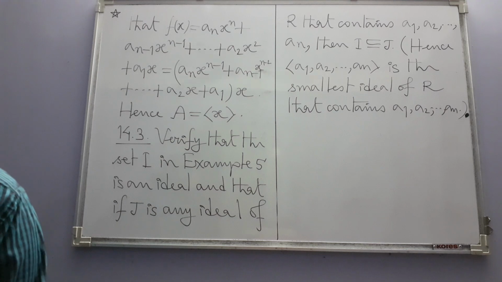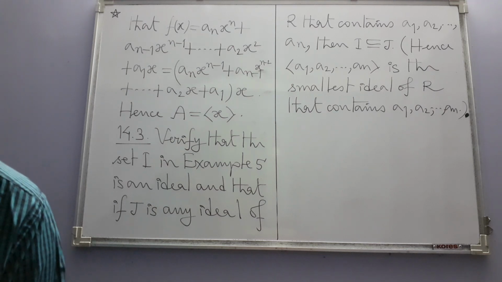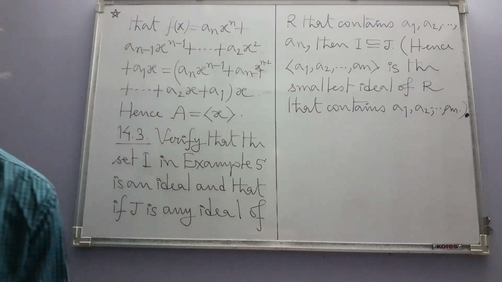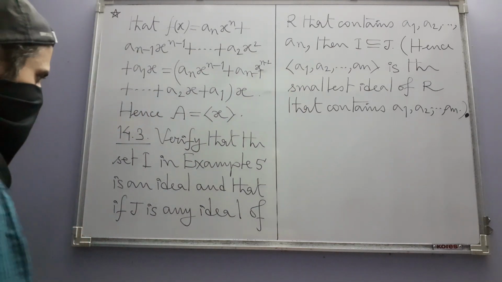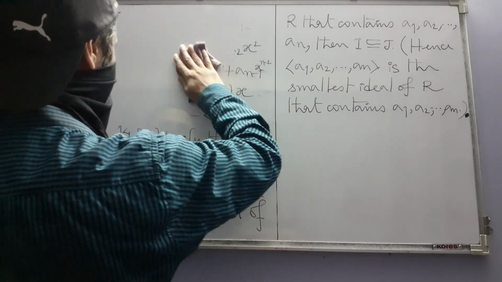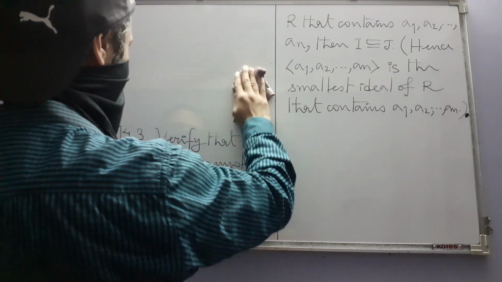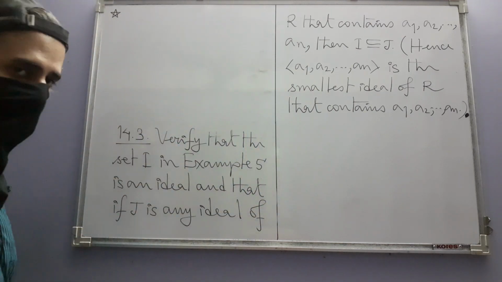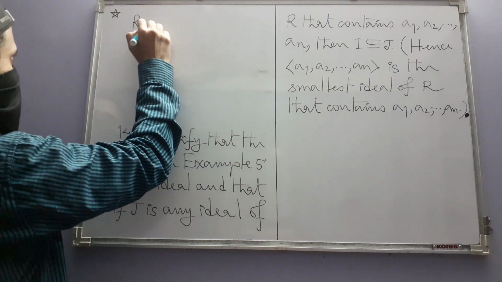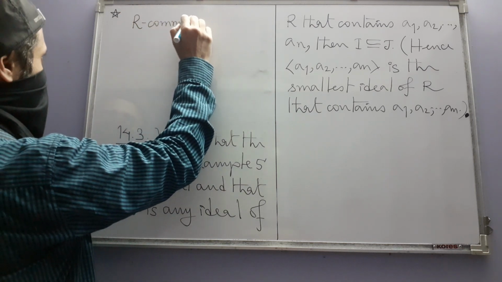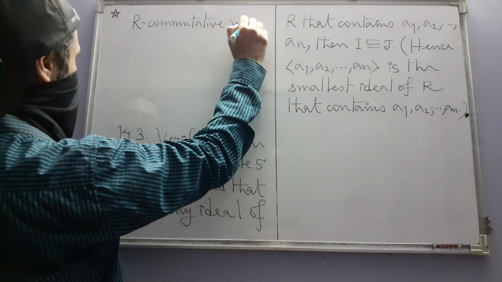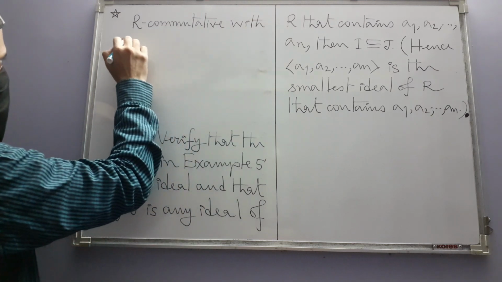Alright, so the first job we have at hand is to recall what we have in that example. So the thing that we have in that example is again a general ring R, a commutative ring R. R is commutative and it has a unity.